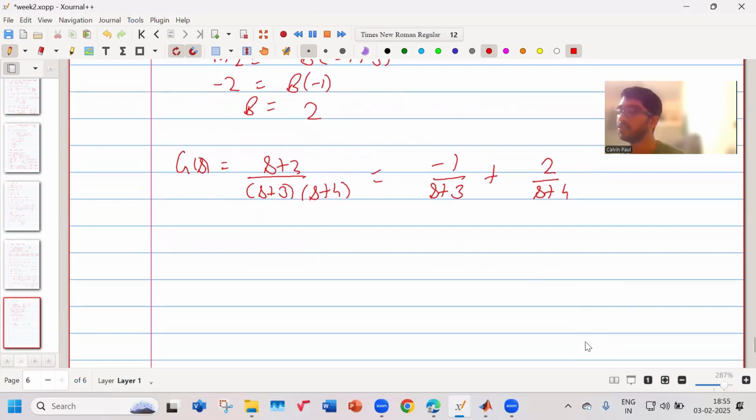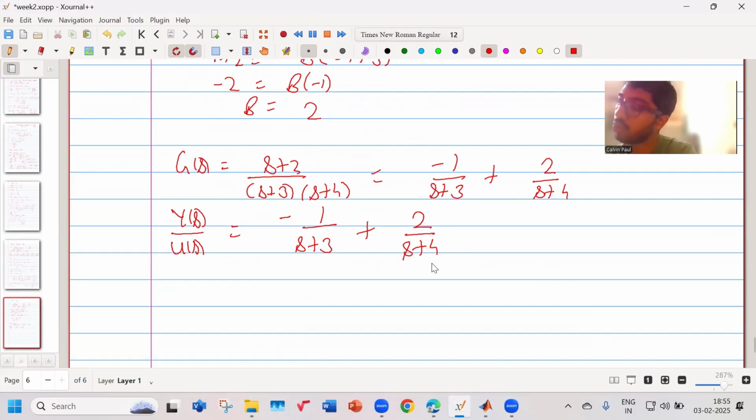Okay, so this is my y of s upon input u of s, which is equal to minus 1 upon s plus 3 plus 2 upon s plus 4, right? So what is done in such a scenario?